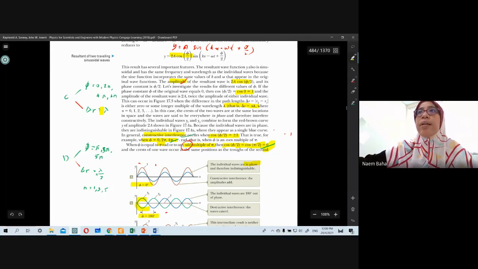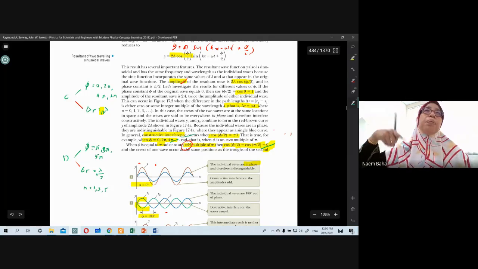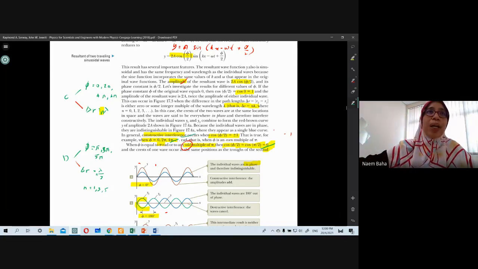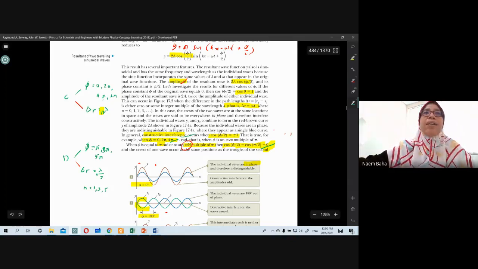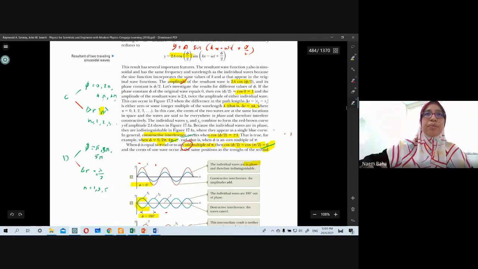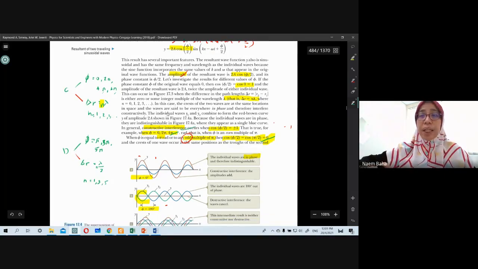So this is n, meaning a multiple of a complete cycle. 1 lambda, 2 lambda, 3 lambda. So 1 lambda is 2 pi. 2 lambda is 4 pi. 3 lambda is 6 pi. So n is 1, 2, 3, and so on. Okay, easy to remember and understand, yeah?